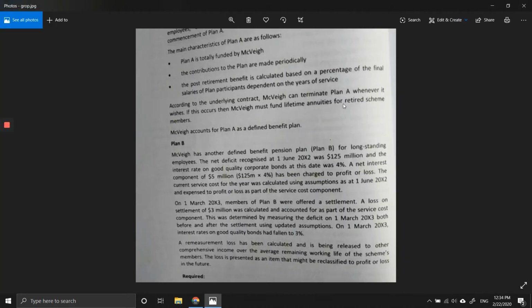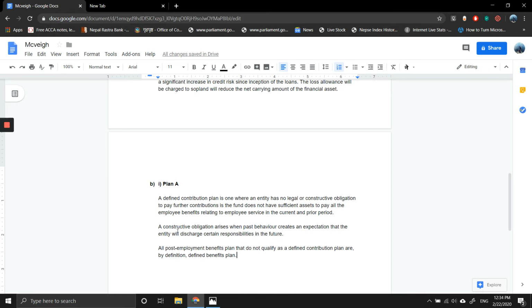Okay, so let's explain it. There are various indications that plan A should be accounted for as a defined benefits plan. Why is that?